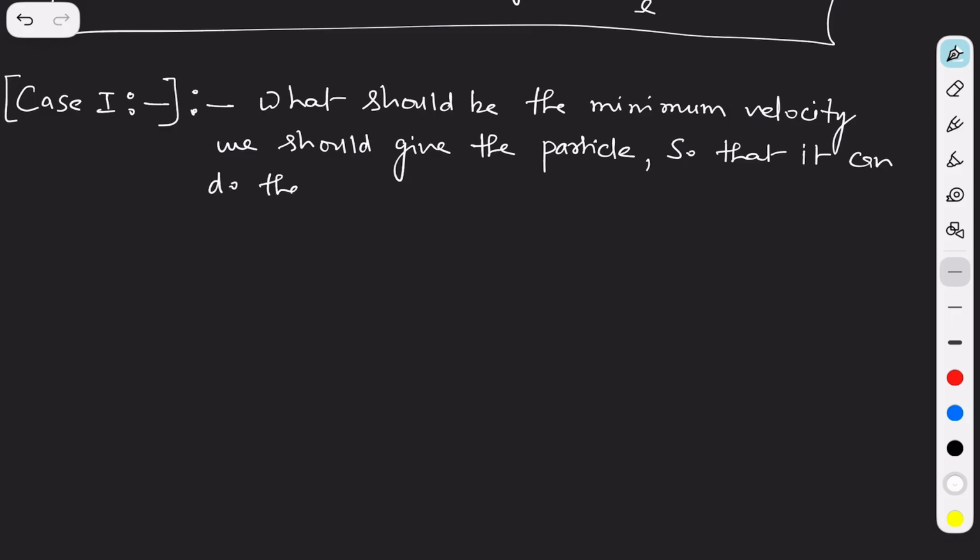This is the problem. So what should be the minimum velocity we should give the particle so that it can do the full circle? Now some people say case 1, that v minimum for doing the full circle. Both ways are fine for me. Okay, let's discuss the problem.